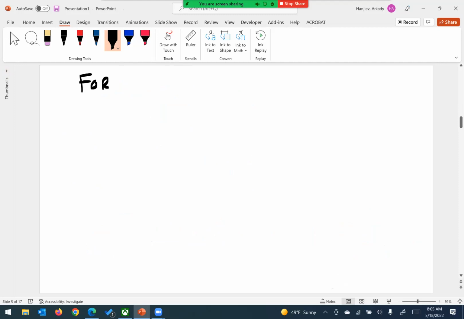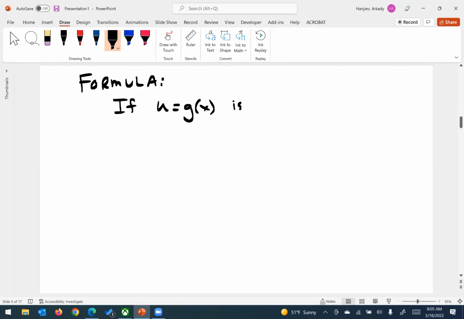So properly, let's give the formula of this guy. So you're saying this here. If u is equal to the function g, which is going to be our inside function, and first things first, you've got to be able to take the derivative of it.